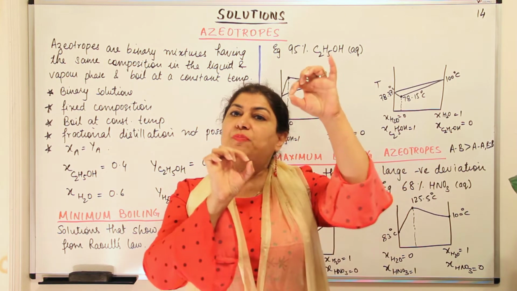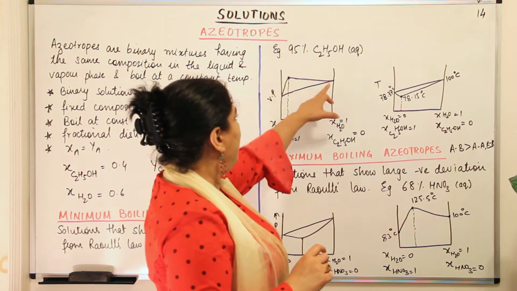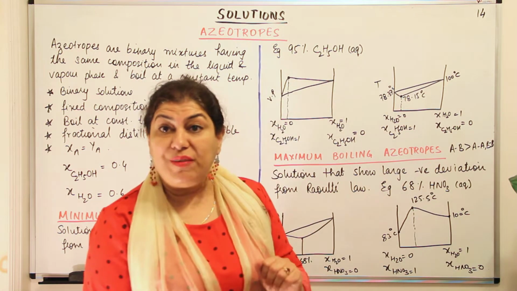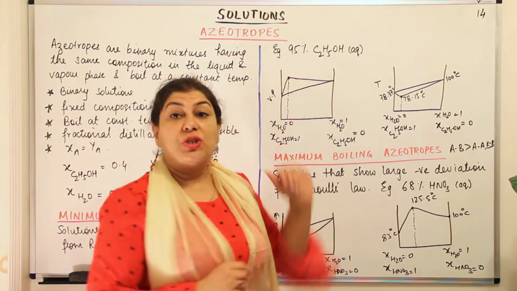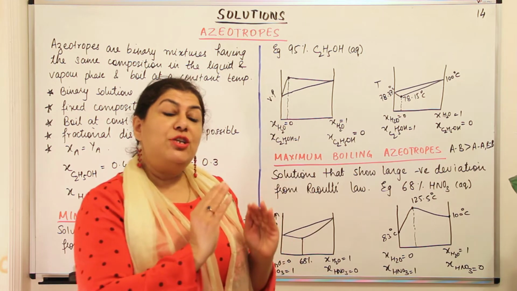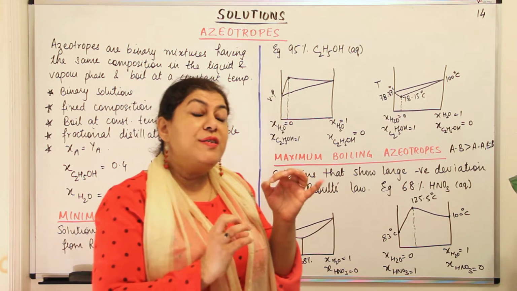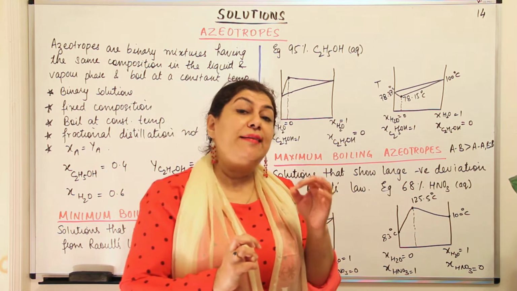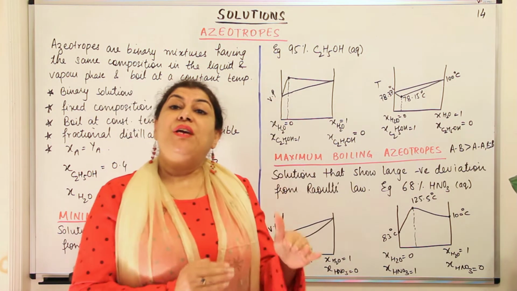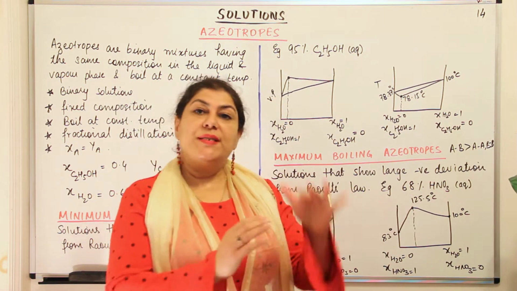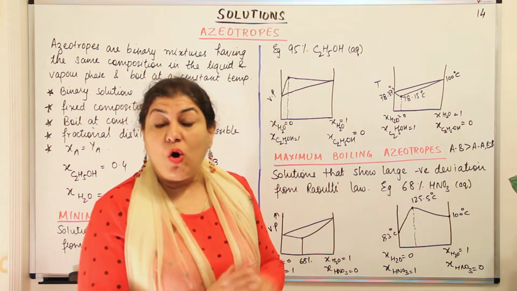Now, whatever this maximum or minimum is, like here there's a maximum, and here you see a minimum in the vapor pressure. This one is showing a negative deviation, and this is showing a positive deviation. So at the point where it is maximum or minimum, the concentration of the solution is the concentration at which there is maximum deviation from Raoult's law, whether it is the maximum or the minimum point, whether the deviation is positive or negative.